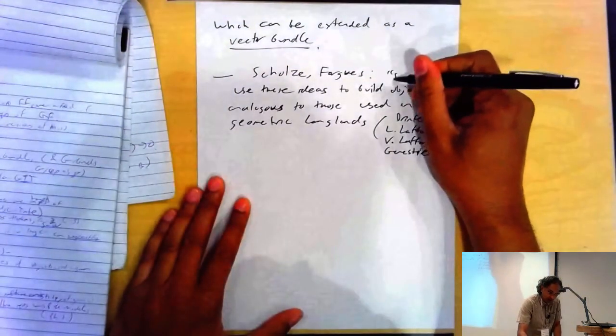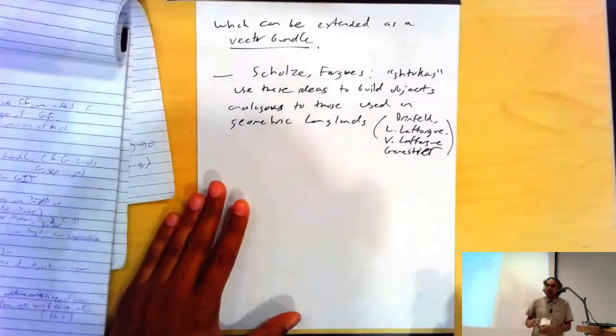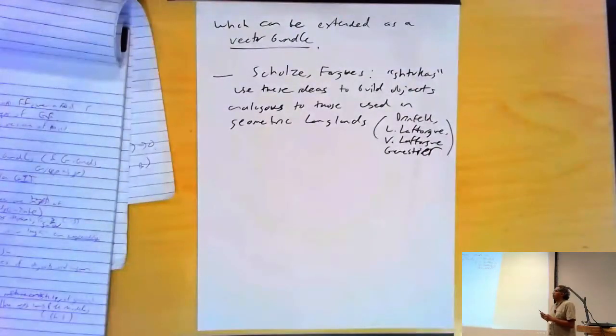So these are called shtukas. My understanding is shtuka is a Russian word for thing. If you wanted to translate to English, in the notes I suggest some translations, things like gadget, whatchamacallit, pick your favorite. So there are certain objects, and I'll say a little bit about why already in characteristic p algebraic geometry it makes sense to consider them.